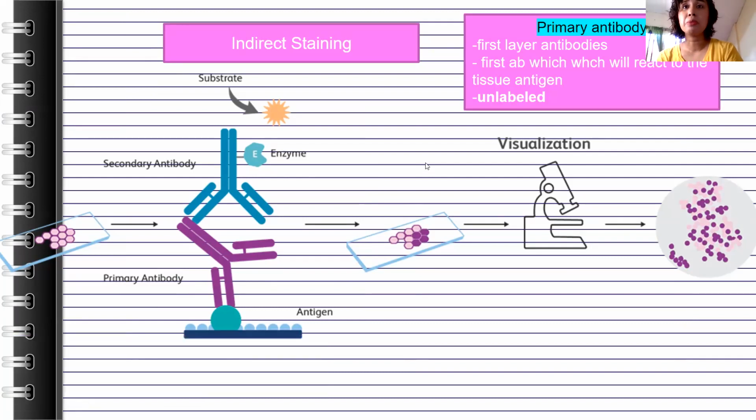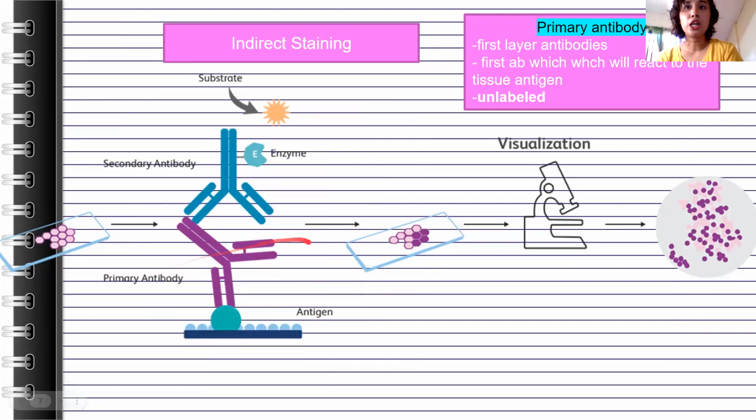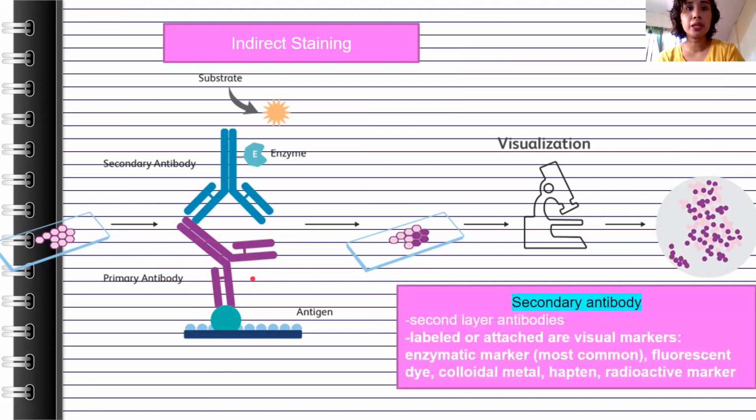Okay? So, your primary antibodies, ito po, yung purple, they are your first layer antibodies, which will directly react to your antigen, and they are unlabeled. And your secondary antibodies, your second layer antibodies, are conjugated, sometimes with enzyme, most common, fluorescent dye, colloidal metal, gold, silver, hapten, and radioactive materials.